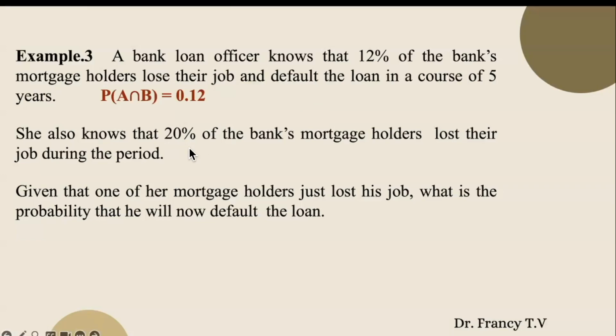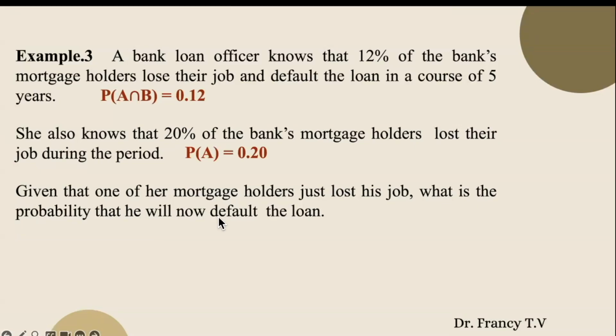Now let us see what is given in the next para. She also knows that 20% of the mortgage holders lost their job. That means probability of A is given. Probability of A is 0.20. Now let us see what is asked. Given that one of the mortgage holders lost his job, that is, you are given A happened, then what is the probability that he will now default the loan?